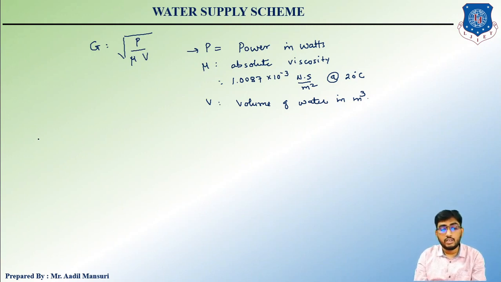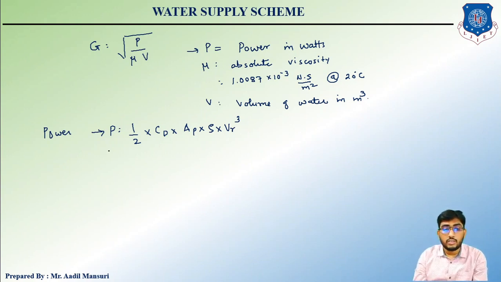Next is finding out power. Power will be found from the equation 1 by 2 CD AP rho into VR cube. So what is CD? CD is known as the coefficient of drag.